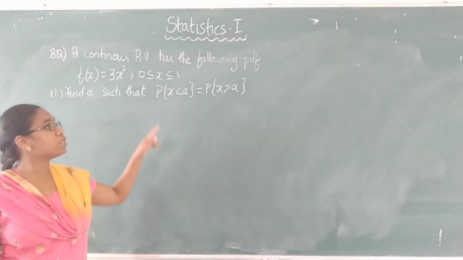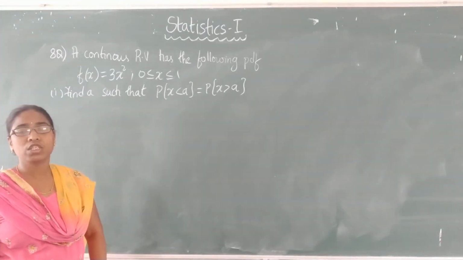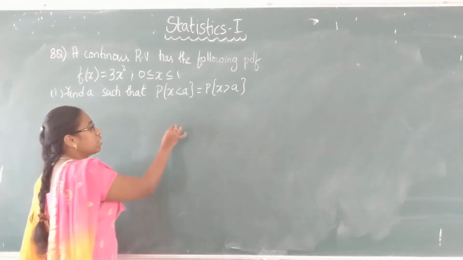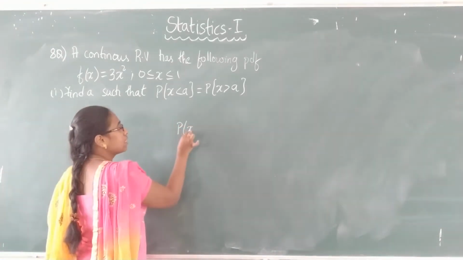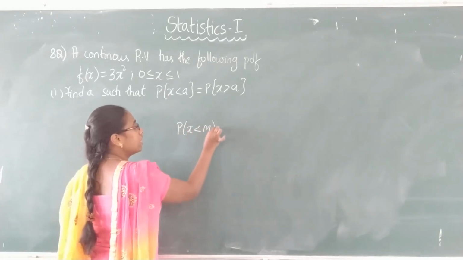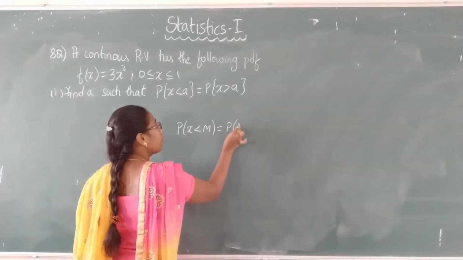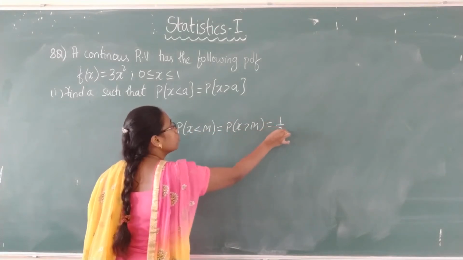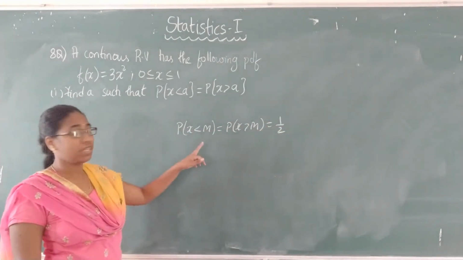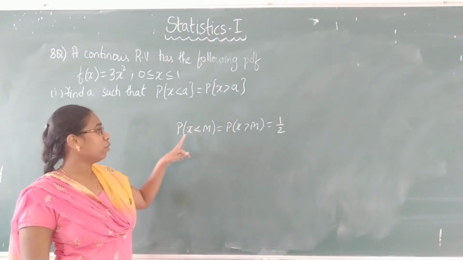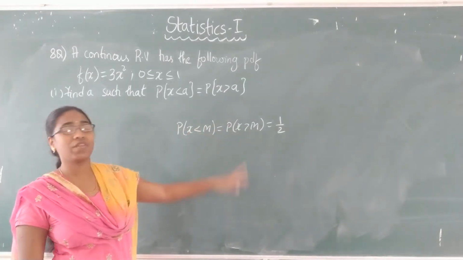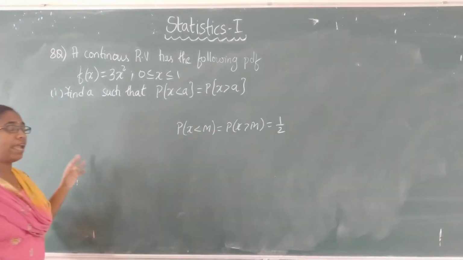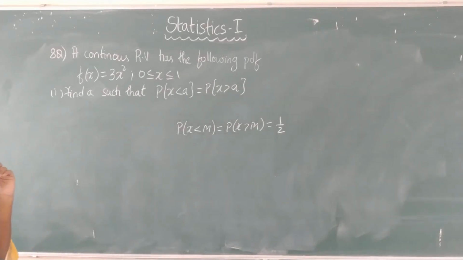If you observe the median formula, what is the median? Suppose P of x less than m is exactly equal to P of x greater than m, which will be equal to 1 by 2. Only if m is the median will P of x less than m equal P of x greater than m. So what does it mean?